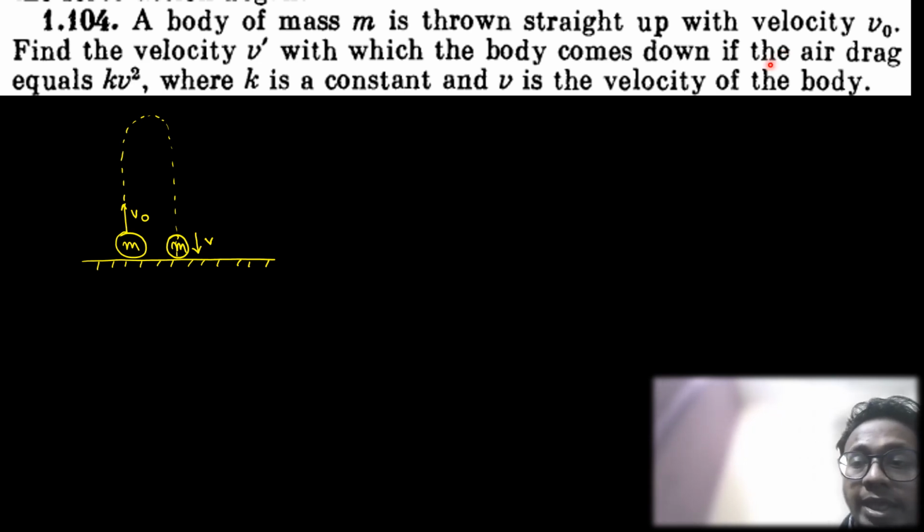The twist is that air friction forces are acting on the ball. Air friction is nothing but air drag forces. Whenever you hear drag forces, it is nothing but air friction forces, or fluid friction forces, which are called drag forces.